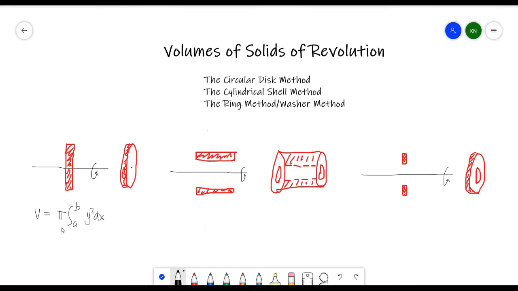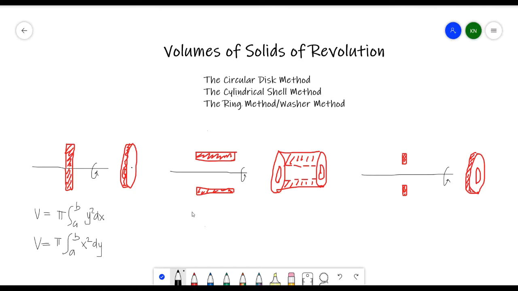If we have a horizontal strip, the variables are simply interchanged. We still have pi from a to b of x squared dy if our strip is horizontal.